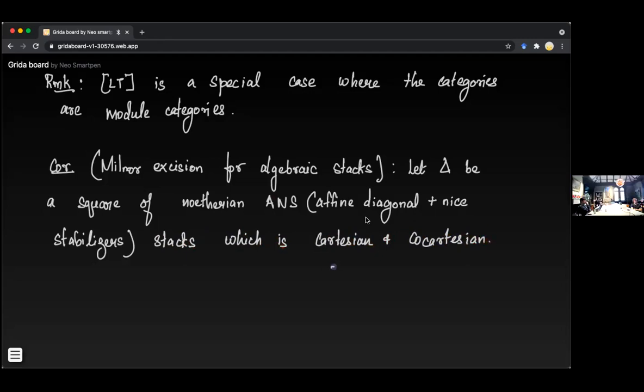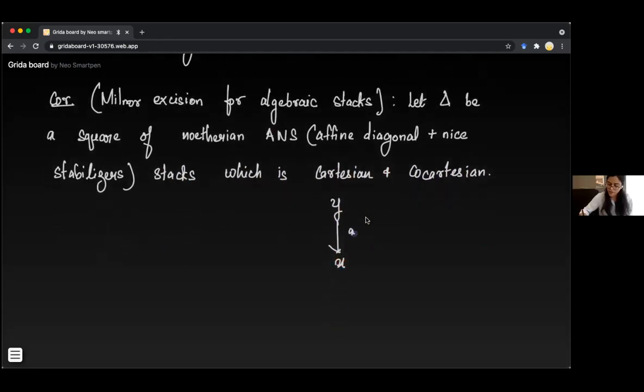So recall our square was as follows, where Y to X was an affine morphism, and Z was some closed substack of X, and then you had this pullback. Such squares of stacks are what are called Milner. So this is the definition of a Milner square of stacks.